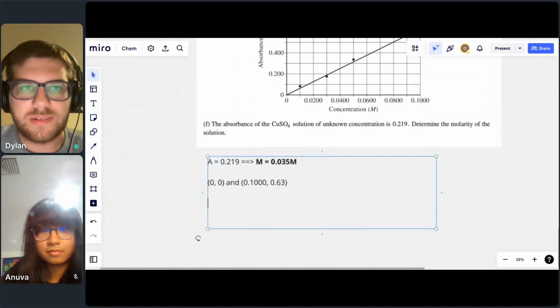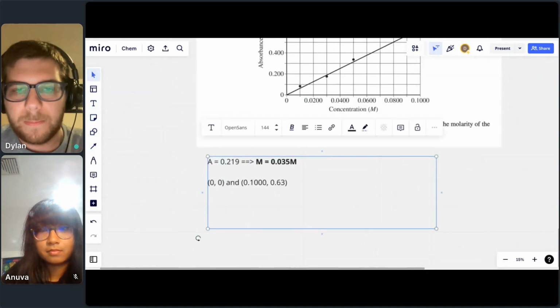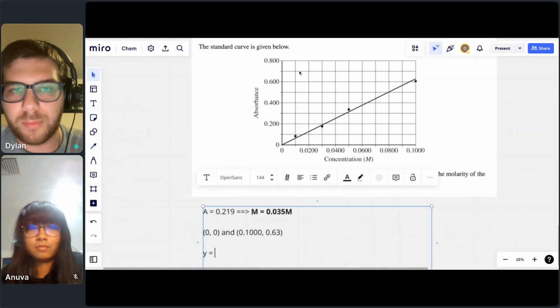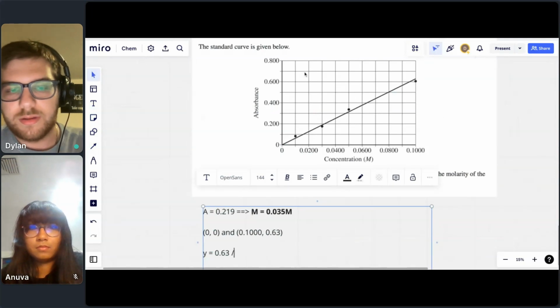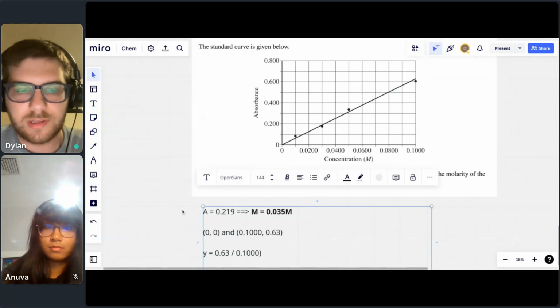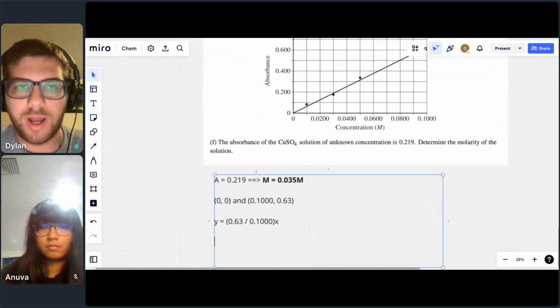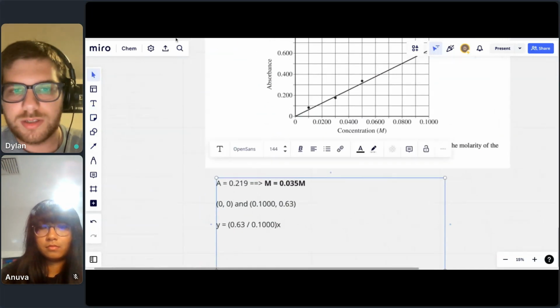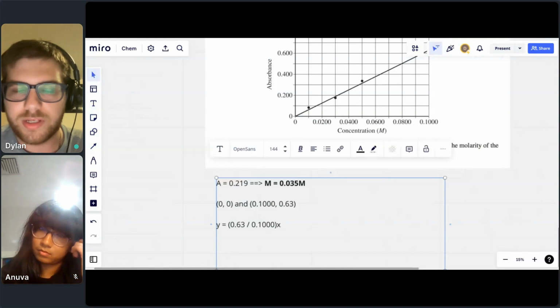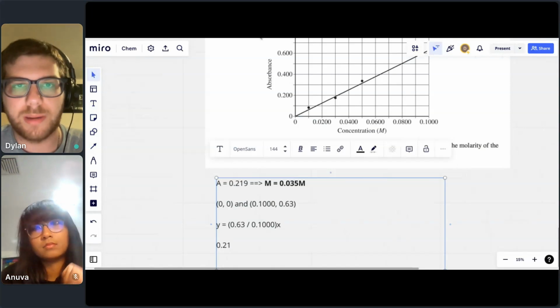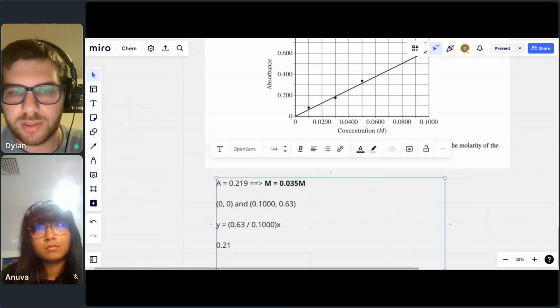So now we can just say, well, y equals, we went up 0.63 and over 0.1. That's our slope. Perfect. We know that our y is equal to 0.219. Sorry, not 219 molar, just 0.219.